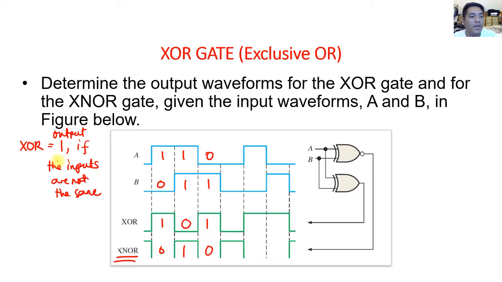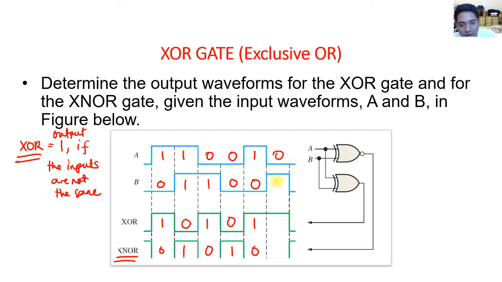In order for you not to be confused, you can just get an idea of XOR, and then whatever the result of XOR, you negate it, that will be the XNOR. So you have 0 and 0 here. Definitely, this will be 0 for XOR because they have the same input, so for the XNOR, it will be negated. It will be 1. Again, 1 and 0 here, they have a difference, so XOR is 1, and for the XNOR, it will be 0.